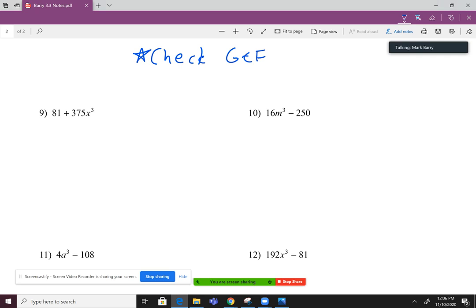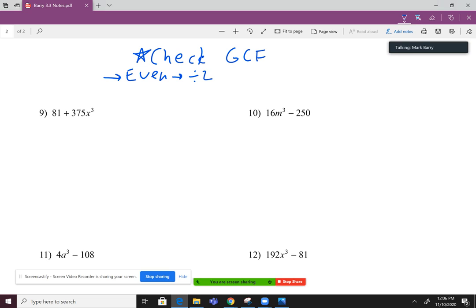Check GCF. By GCF, I mean, is there a number that they can both divide by? Now, what number can you check? Well, these are kind of big numbers, right? So if it's even, you can always divide by 2.